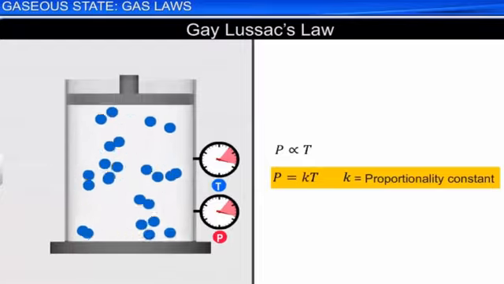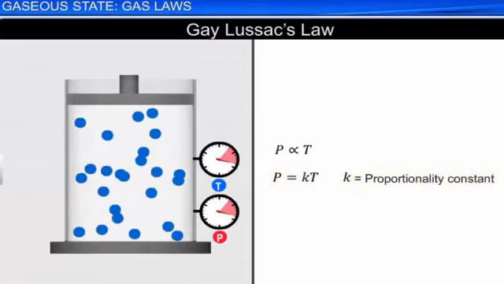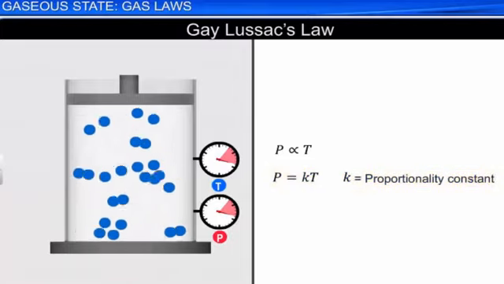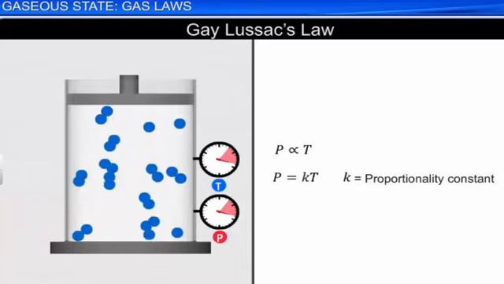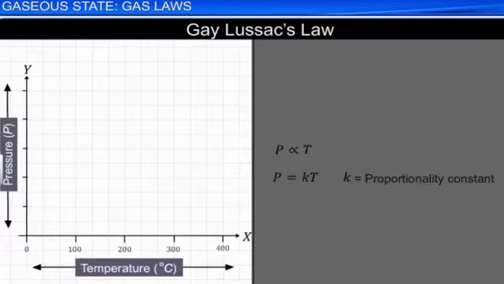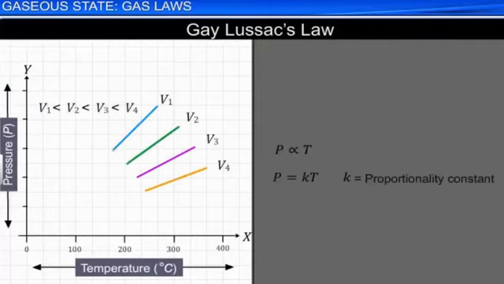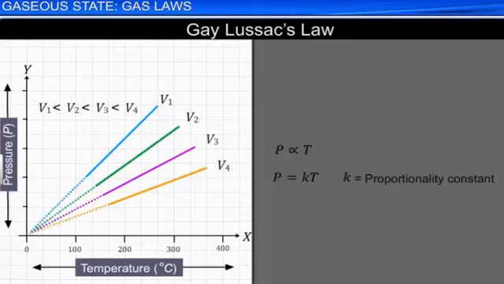This law can also be derived by combining Boyle's law and Charles' law. If we plot pressure versus temperature for a given volume of a gas, we get straight lines corresponding to each volume. Those lines are called isochores.